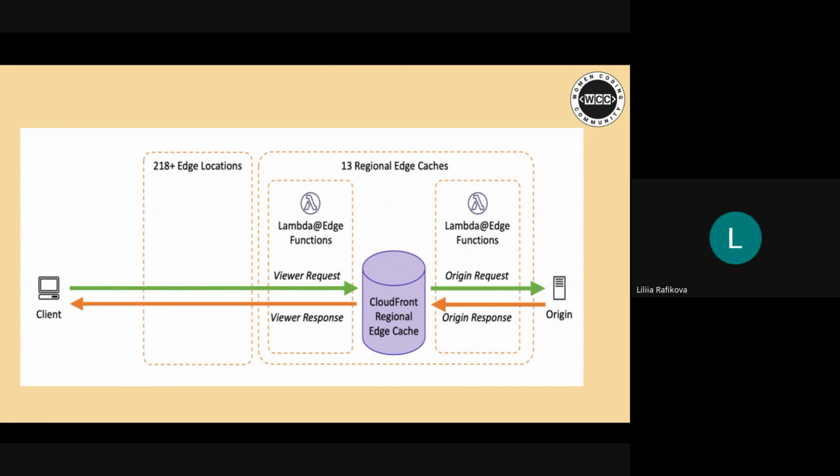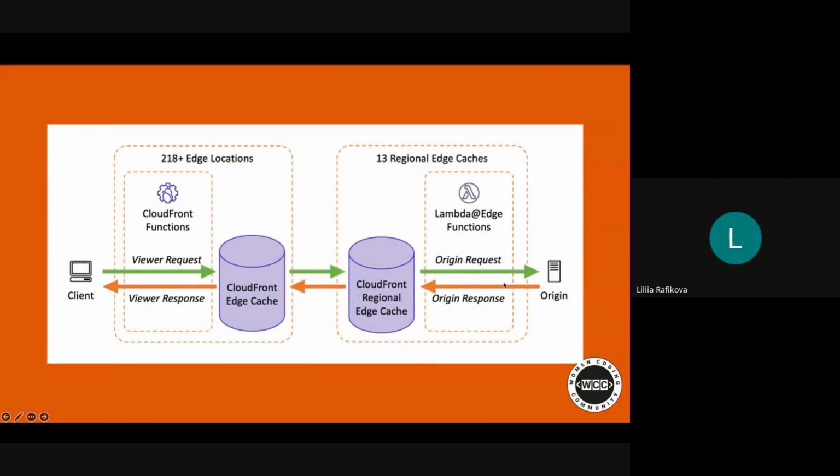CloudFront Functions are ideal for light processing of web requests. For example, cache key manipulation or normalization, URL rewrites or redirects, HTTP header manipulation, access authorization. These are the kinds of operations you can do with CloudFront Function.